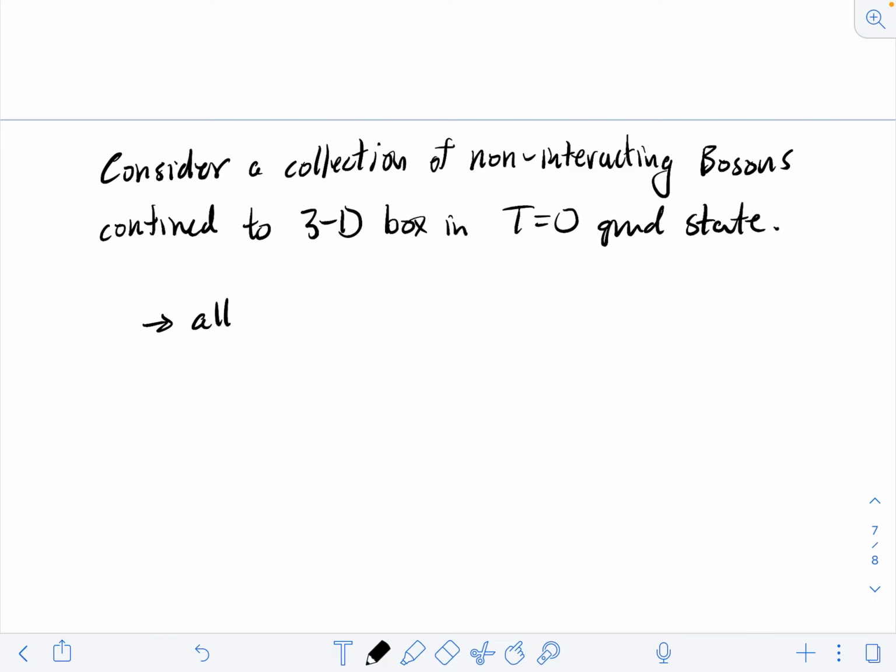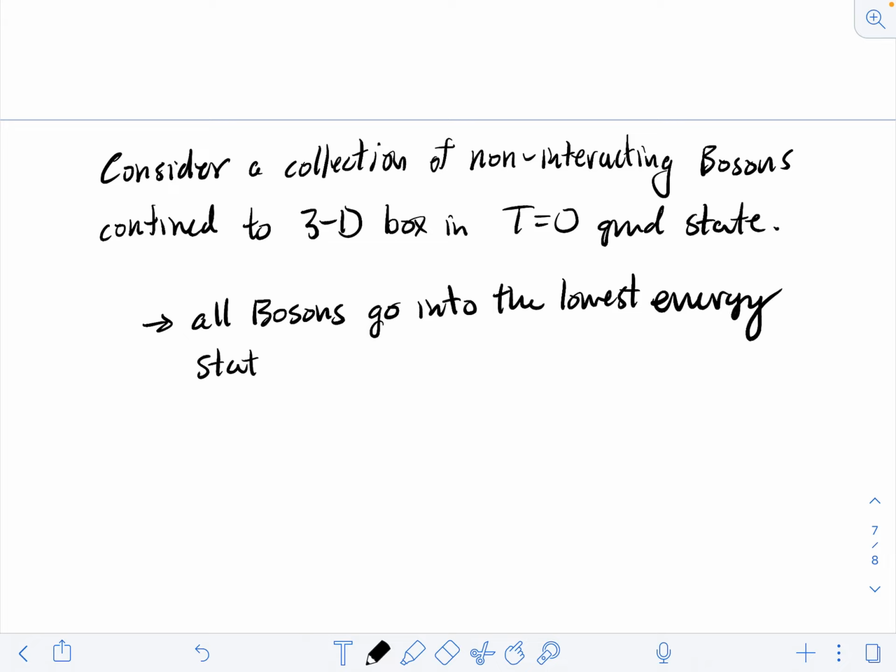So all bosons go into the lowest energy state. And so the lowest energy state is where all of the n values, nx, ny, and nz, go to 1.